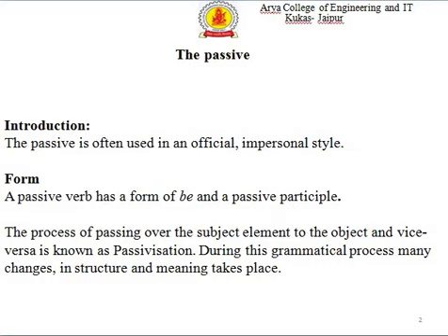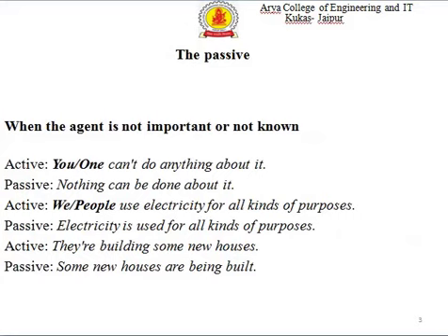So let's come up with various uses of passive. The first: when the agent is not important or not known. I'll begin with the example, you can't do anything about it. Here, you or one is a common subject.